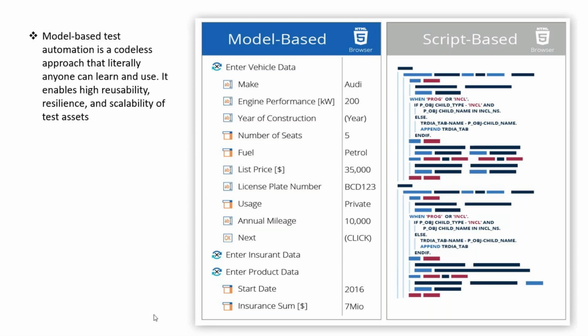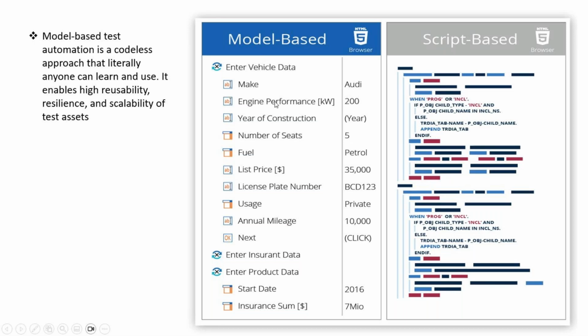Okay. So model based approach. Java or Selenium or UFT, anything is a script based approach. There we'll be writing all the scripts, these many lines of code. Whereas in Tosca we just have to give the inputs in your model.